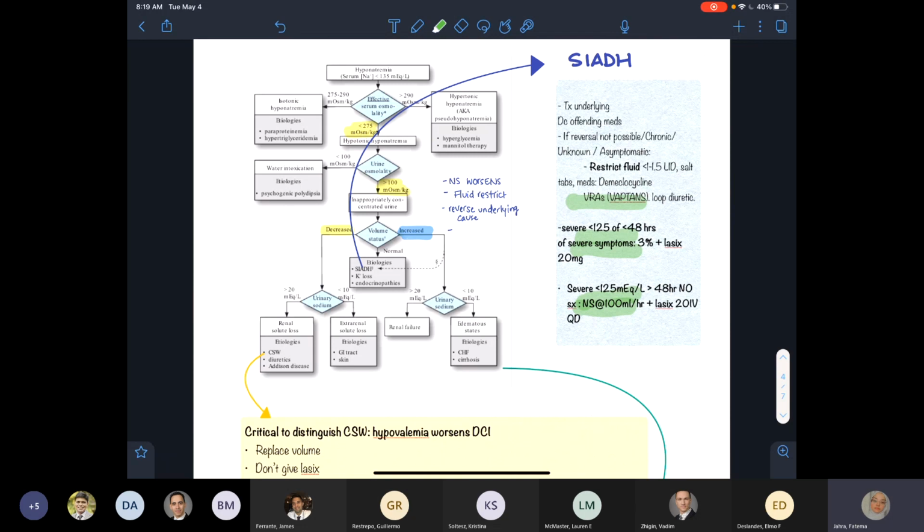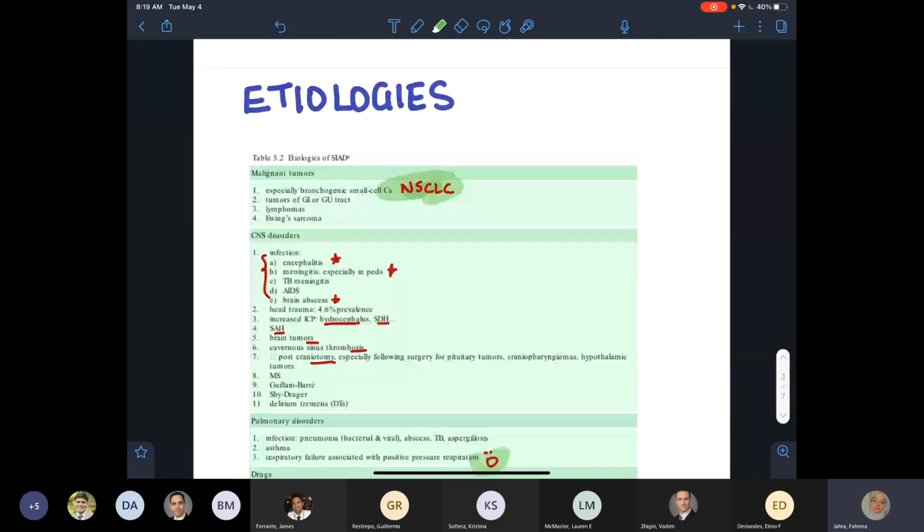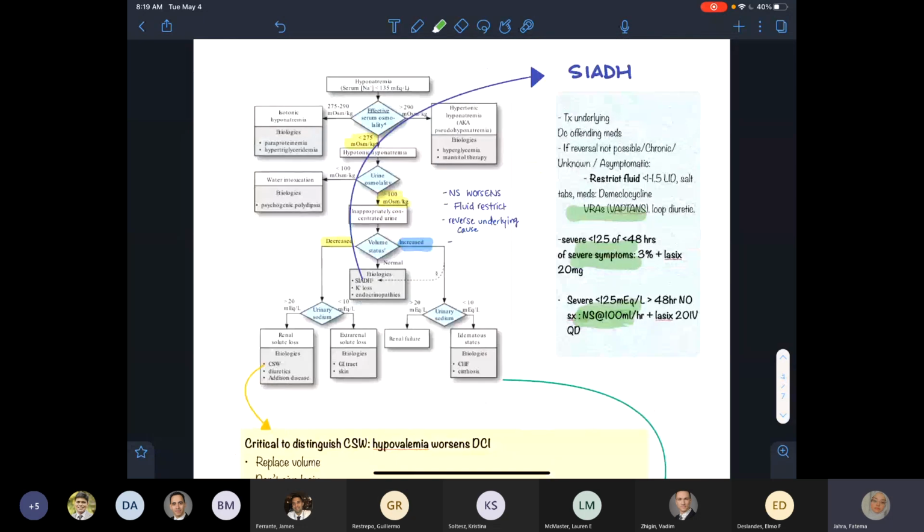But quick question. Remember I said NS has 154 milliequivalents of sodium. It's a question, so be ready to answer. And your serum is 135 to 145. So technically, even though it's closer to isotonic, you're giving something more hypertonic than your serum. So why can't we just give NS and call it a day? Can somebody explain?